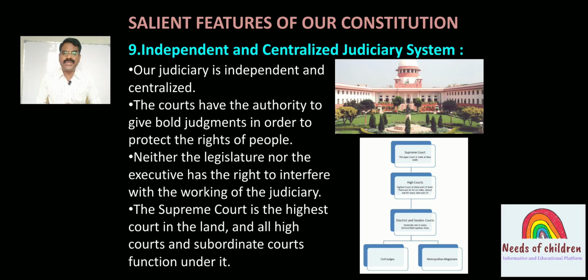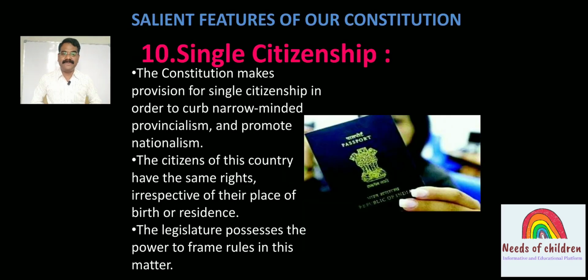Neither the legislature nor the executive has the right to interfere with the working of the judiciary. The Supreme Court is the highest court in the land, and all the high courts and subordinate courts function under the Supreme Court.